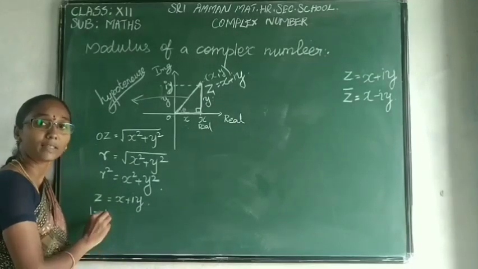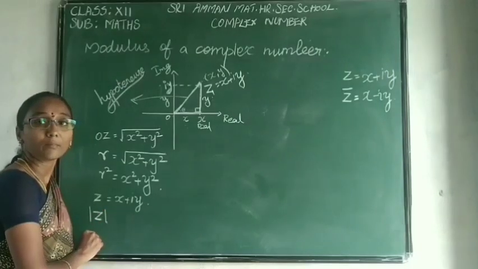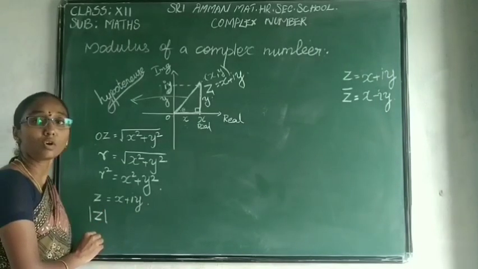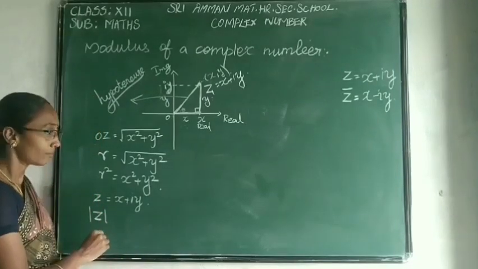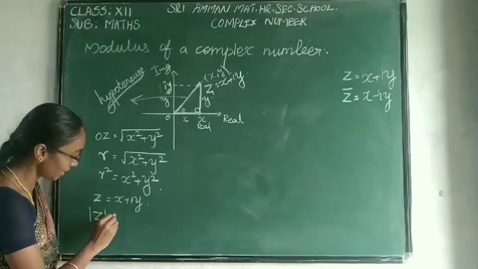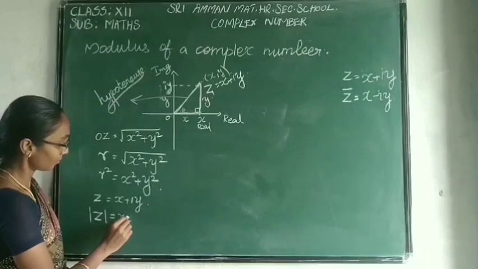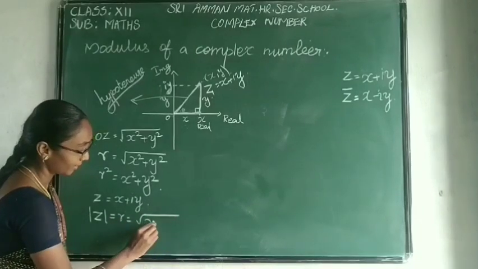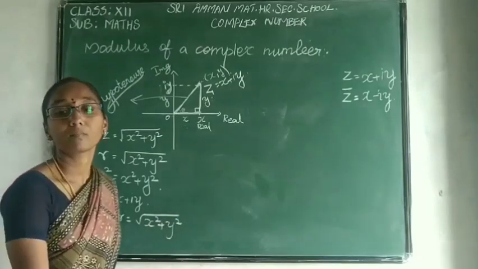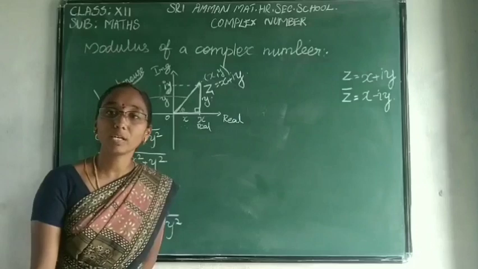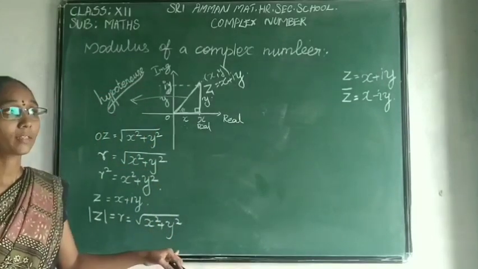You already studied the modulus of a function in the 11th and 10th standard. So modulus of Z equals R equals root of x squared plus y squared.